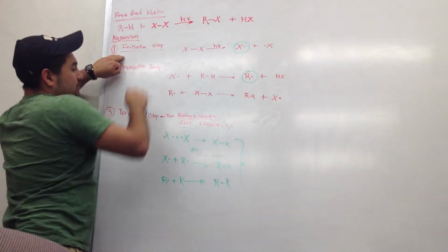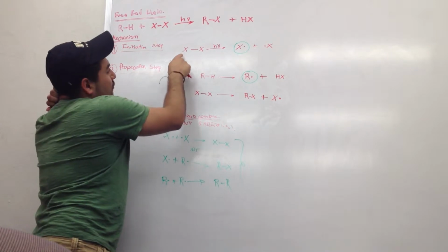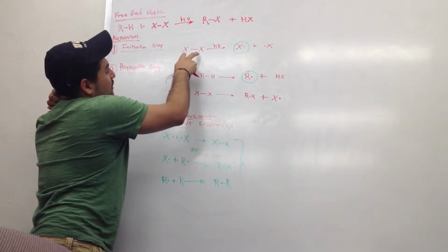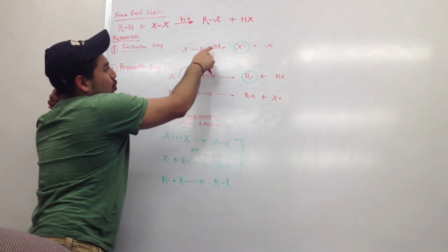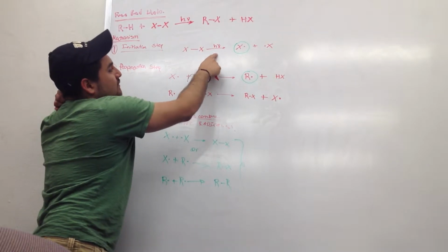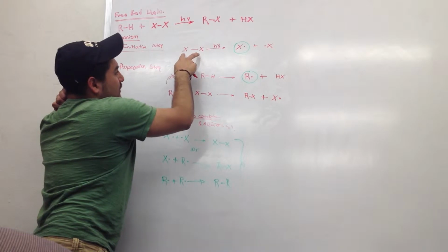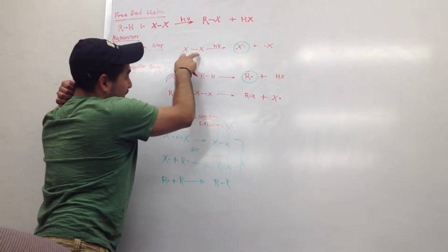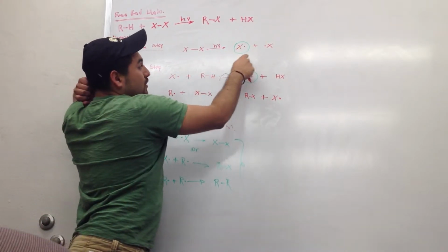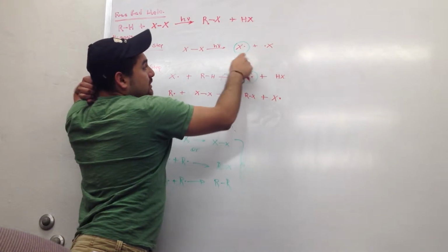The initiation step involves the reaction of the molecular halogen with light or heat to homolytically cleave the halogen molecule into 2 halogen radicals.